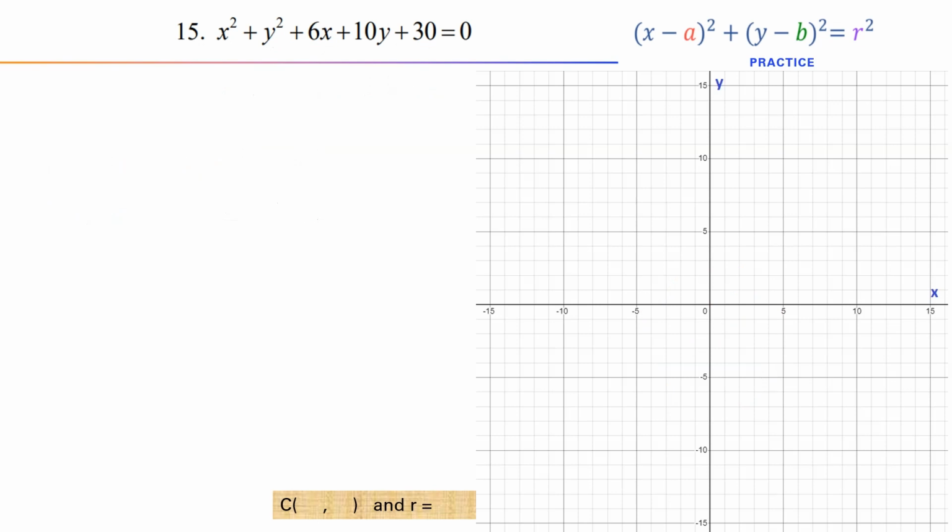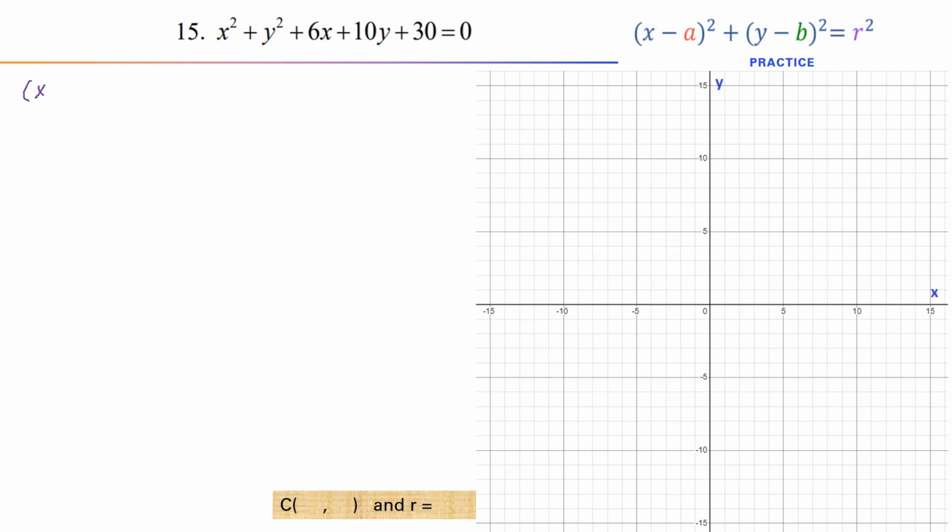For this question, given the general form of the equation of a circle, we have to rewrite it into the standard form. So we will group the x terms together.